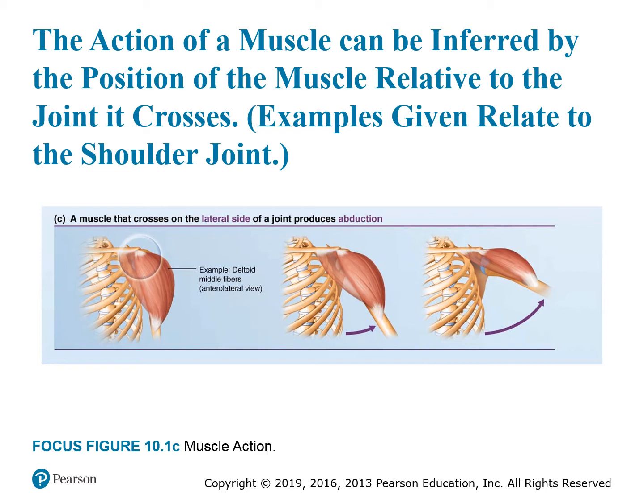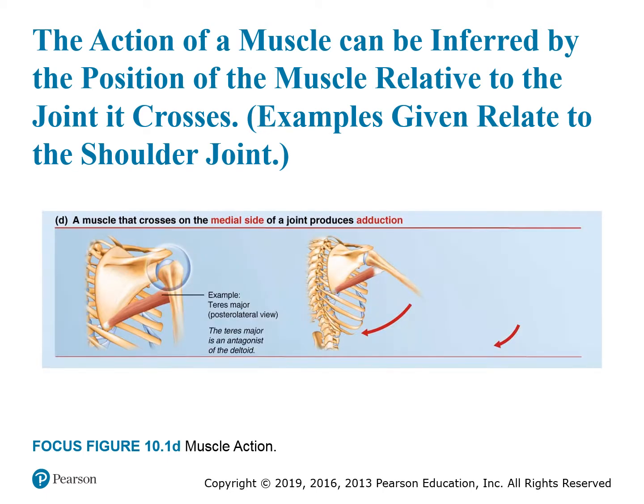So it's in a position where when it contracts, the arm goes outward. So when this muscle shortens, the arm abducts, let me be clear, abducts away from the body.